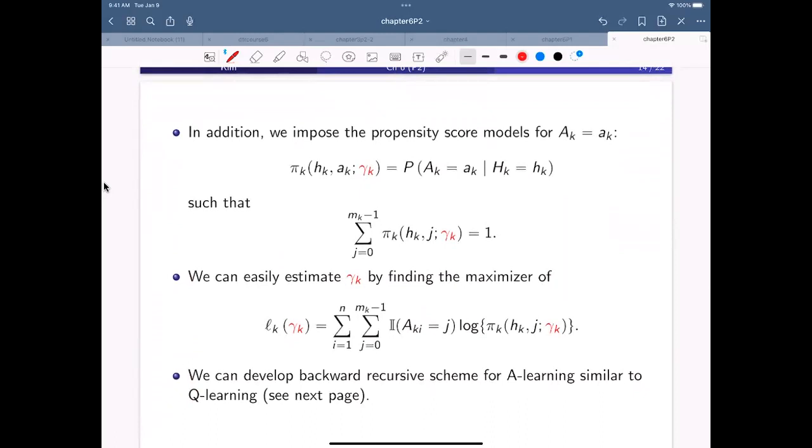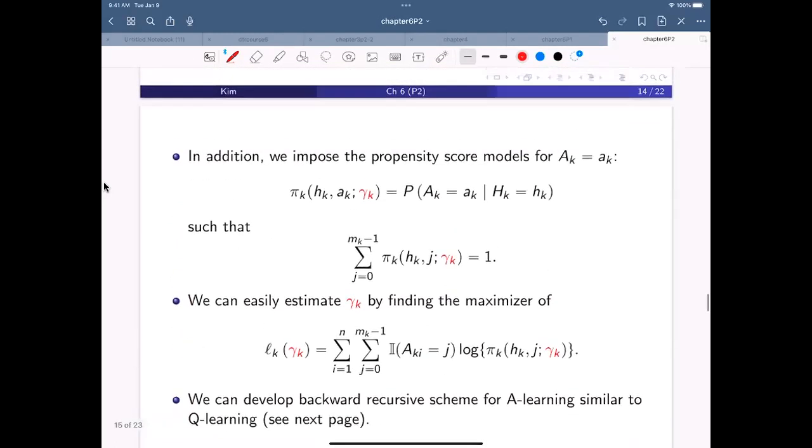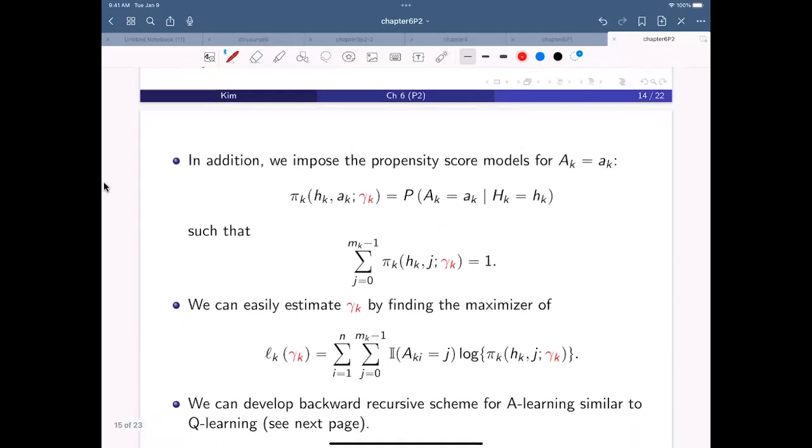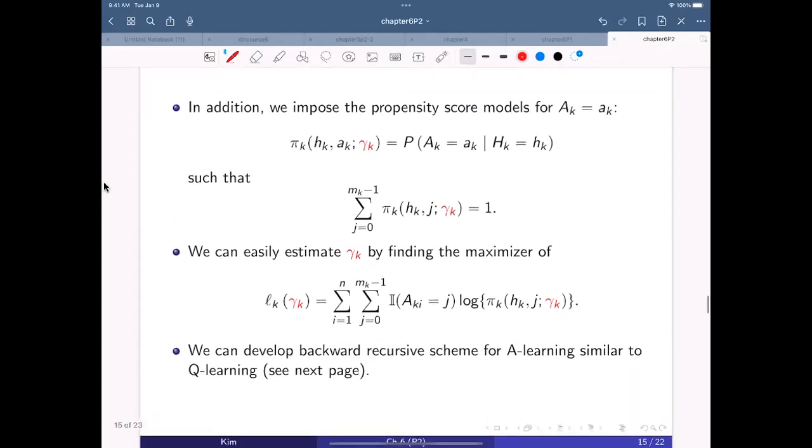You have two indices, the history and A, and if you sum over all possible A, the probabilities add up to 1, with the parameter gamma K. The parameter can be estimated using maximum likelihood estimation, and here you observe everything, so you should be able to estimate it from the data.